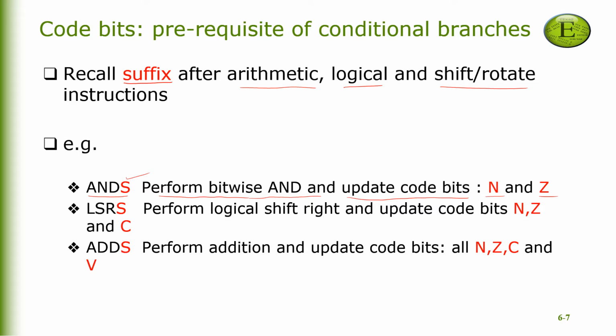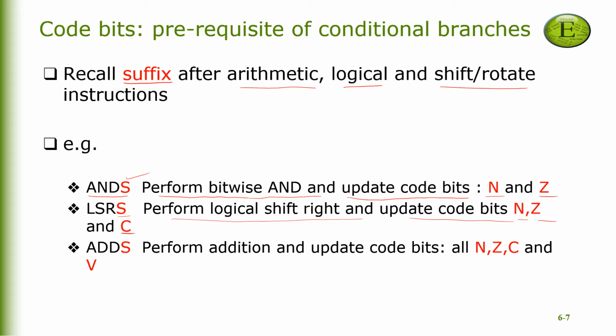Another example is that of logical shift right with suffix S, performing the logical shift right operation but also updating the code bits, 3 of them in this case, N, Z, and C, because the bit that is shifted out goes into the carry bit.